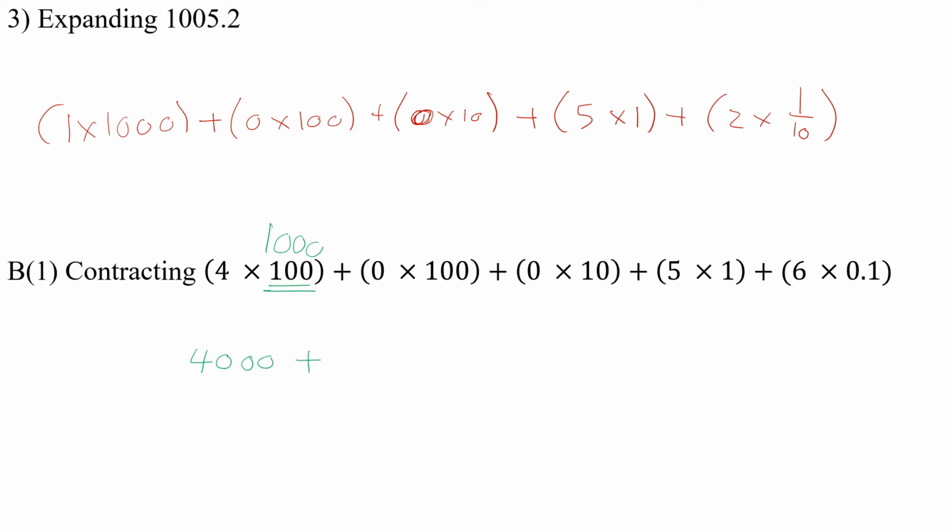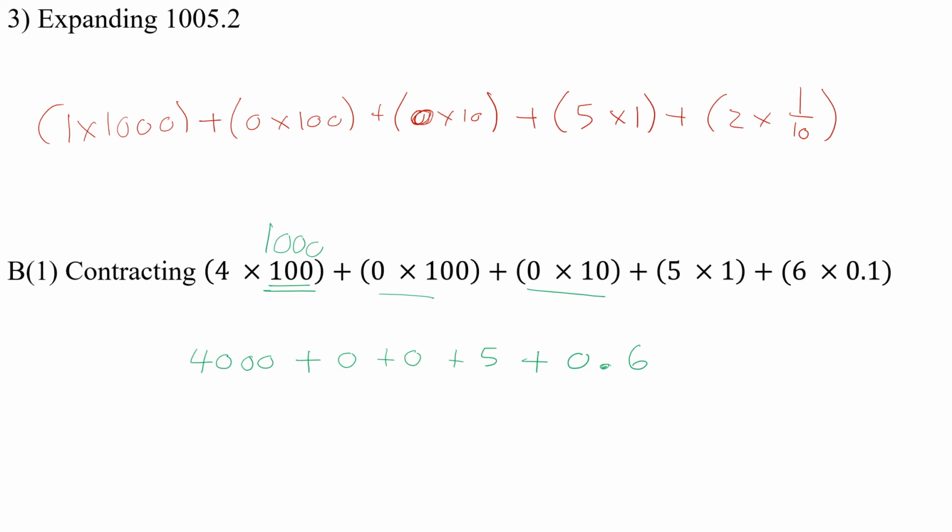4,000 plus 0 plus 0, because 0 times 100 is 0, 0 times 10 is 0, 5 times 1 is 5. This answer looks very familiar. Plus 6 times a tenth is 0.6. I think the first one was 4,005.3, but I can't remember.